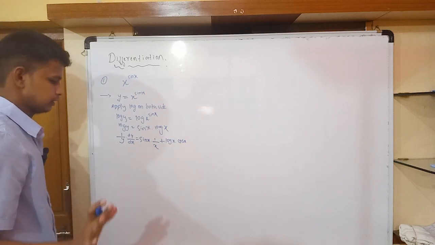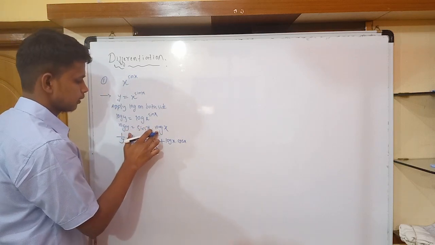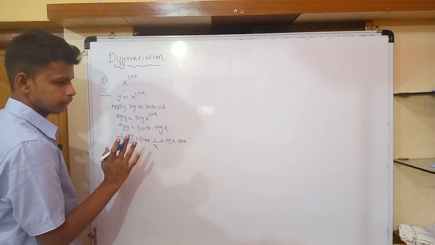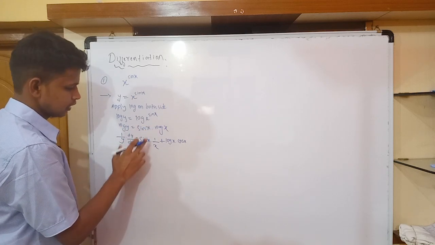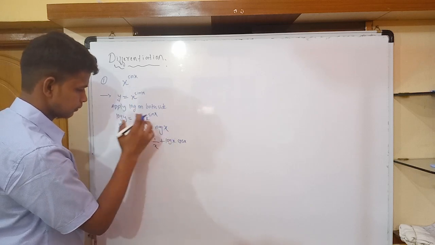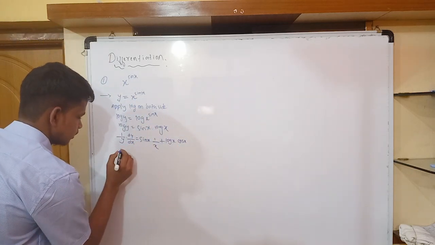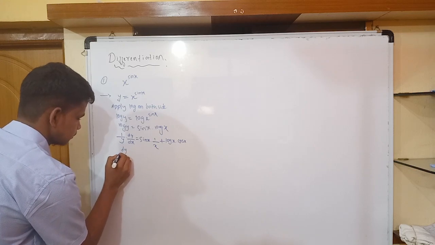Product rule is very easy, and you can understand it by applying two or more examples.